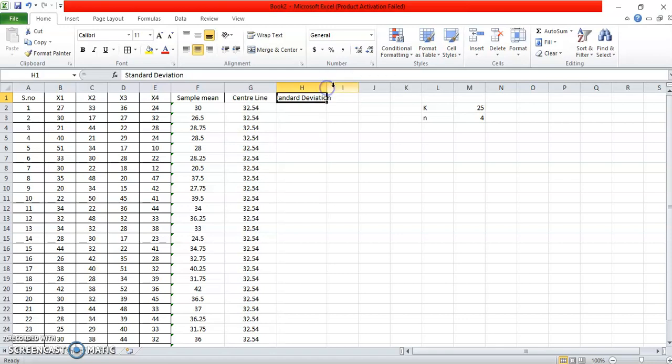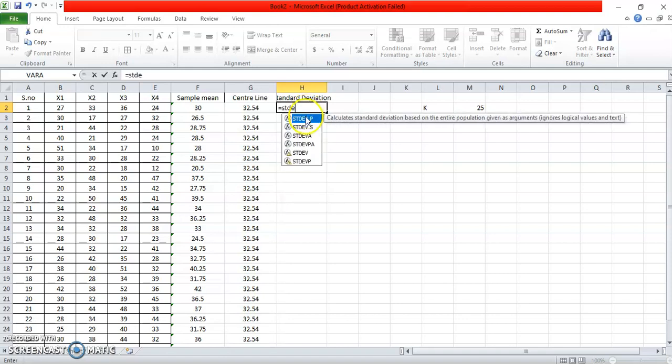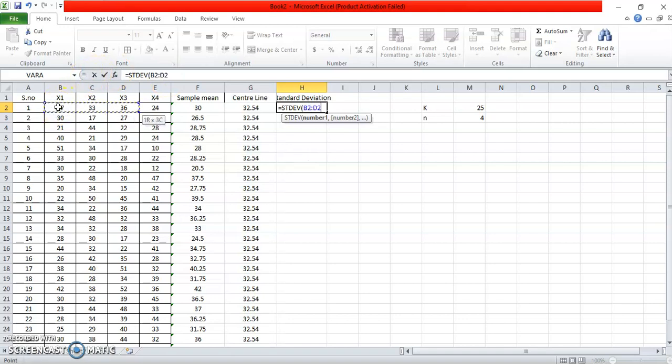For finding the standard deviation, we'll have the formula, and that will be for your first 4 observations. So this is how you are going to find the value of standard deviation.